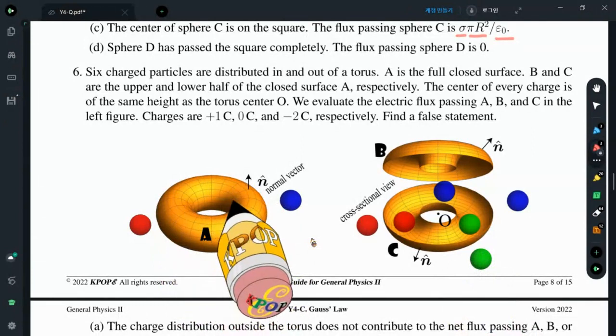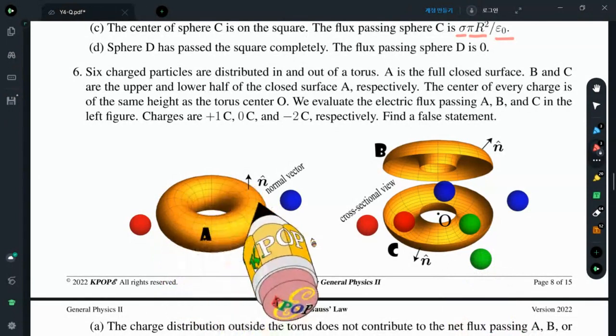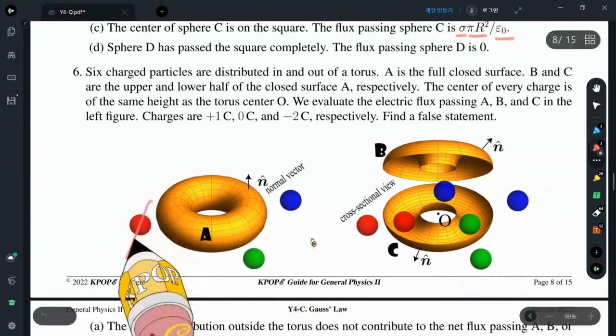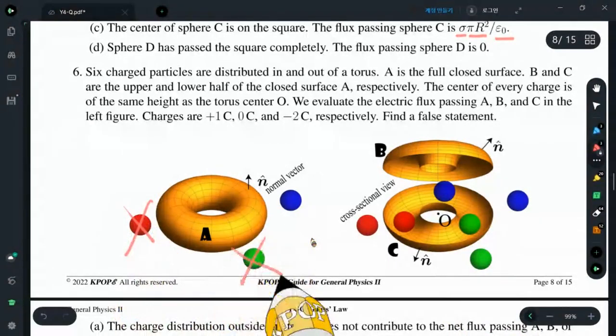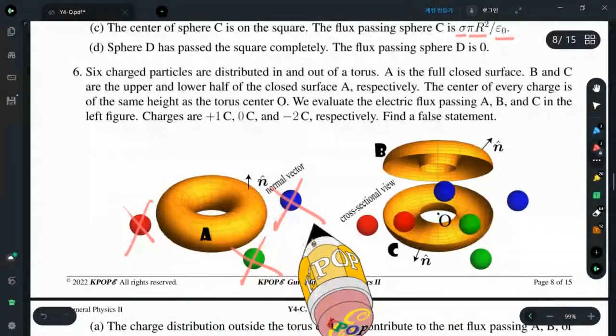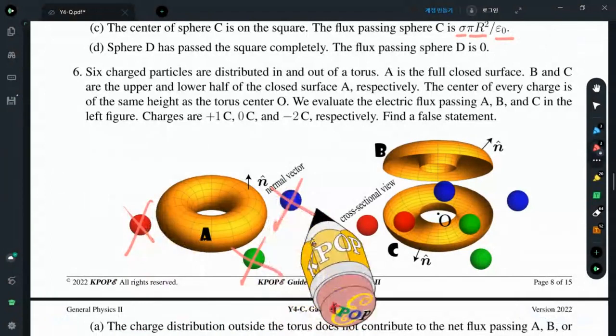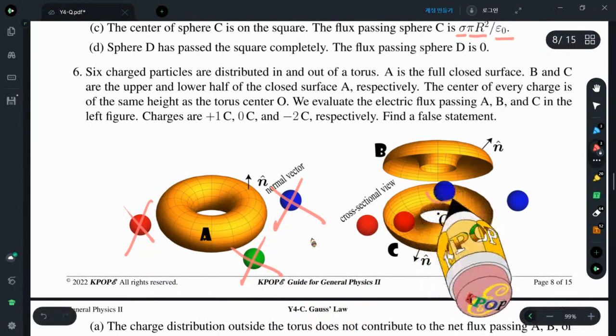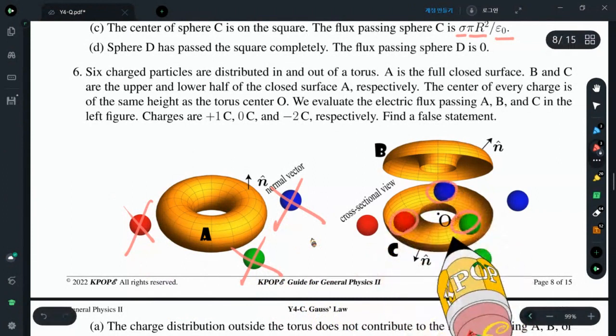Electric field flux passing this closed surface doesn't care about any charges outside. You need to kill everything outside. It does contribute as long as they are inside a closed surface.